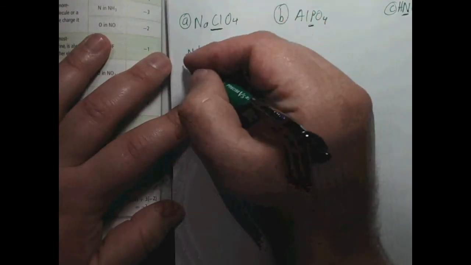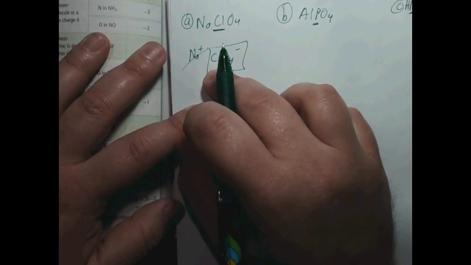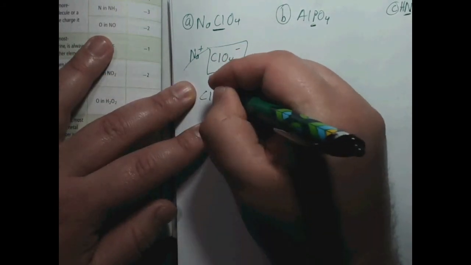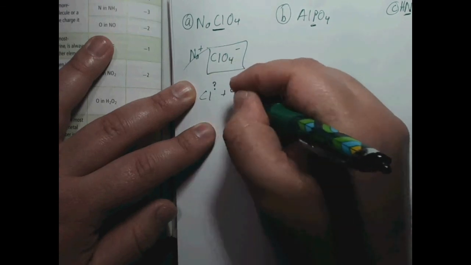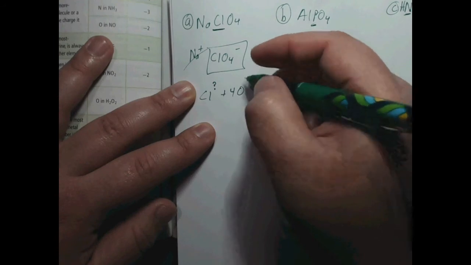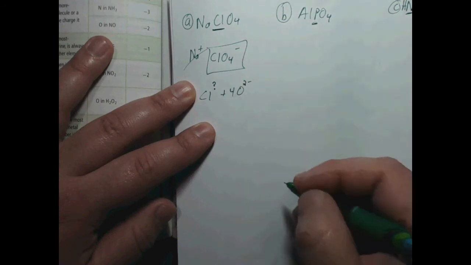Now I'm looking for chlorine. I don't need sodium anymore, so just ignore it. I want to know the oxidation state on chlorine. There's 1 chlorine, and we don't know its charge yet, plus 4 oxygens, which, since it's not a peroxide, we know are 2 minus.